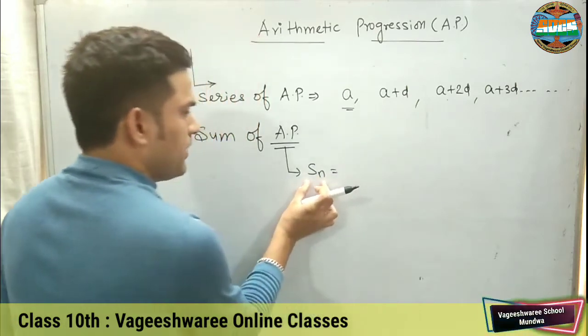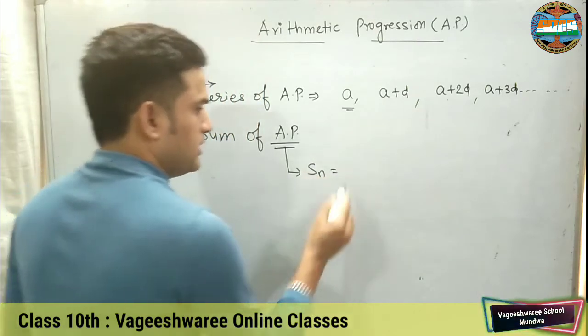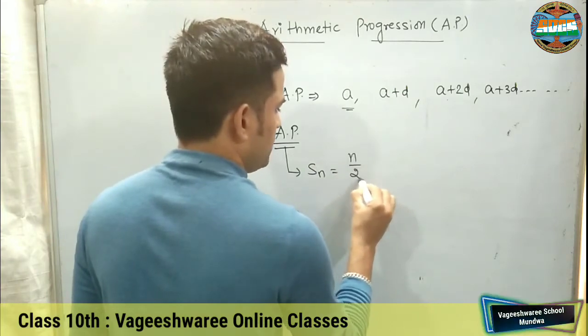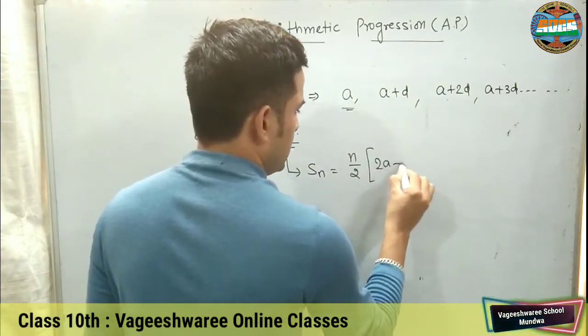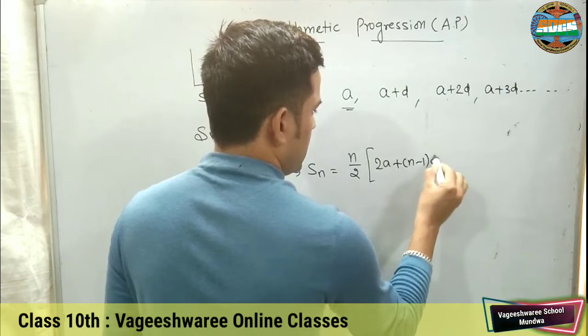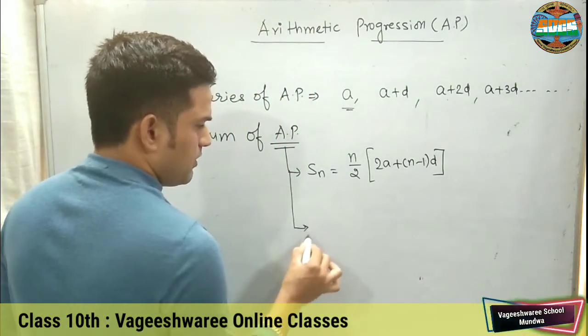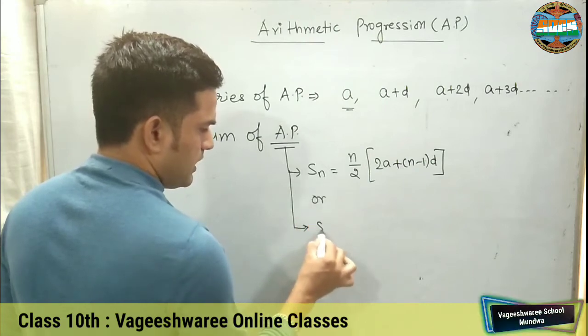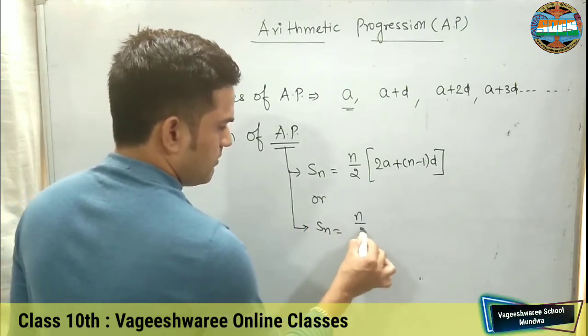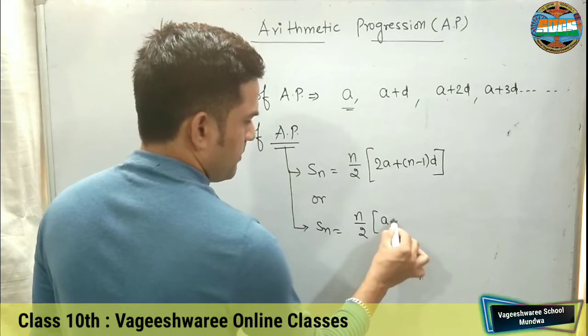This is the sum of any n terms. The formula is n by 2 multiplied by 2a plus n minus 1 multiplied by d. It is also Sn equal to n by 2 multiplied by a plus L.